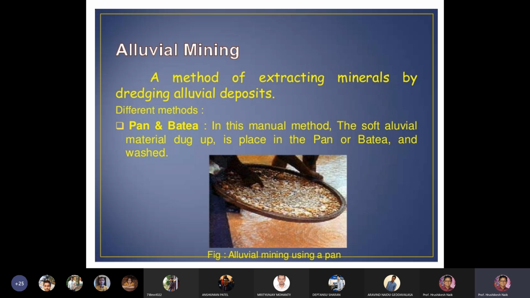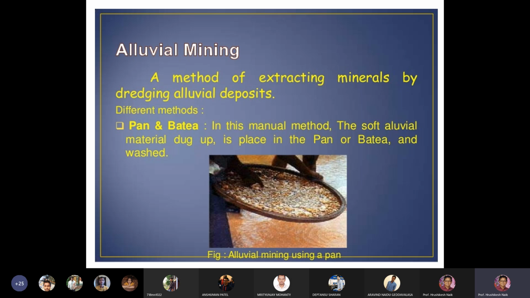Then there is another method of mining, which is called alluvial mining. Alluvial mining is carried out for the alluvial deposits by using a pan. This is a circular pan. With the help of this pan, alluvial mining is carried out. It is a method of extracting minerals by dredging alluvial deposits.